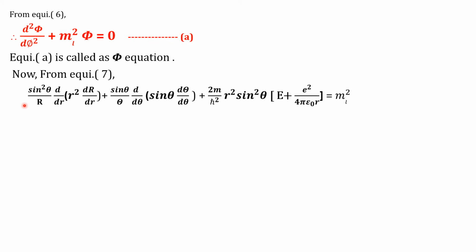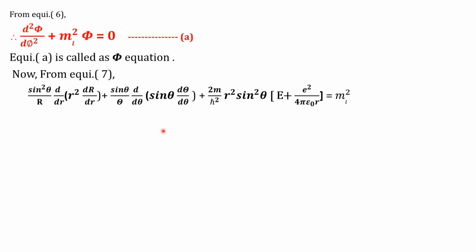In equation 7, the minus sign on both sides gets cancelled and we write sin²θ/R d/dr(r² dR/dr) + sinθ/Θ d/dθ(sinθ dΘ/dθ) + (2m/ħ²) r² sin²θ (E + e²/4πε₀r) = m_l².